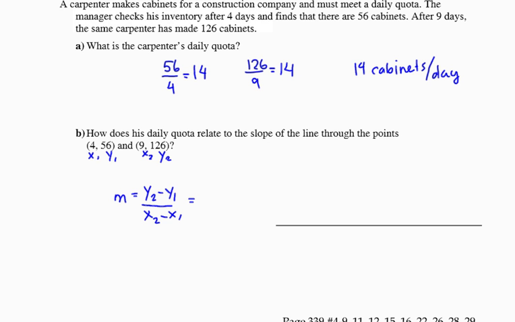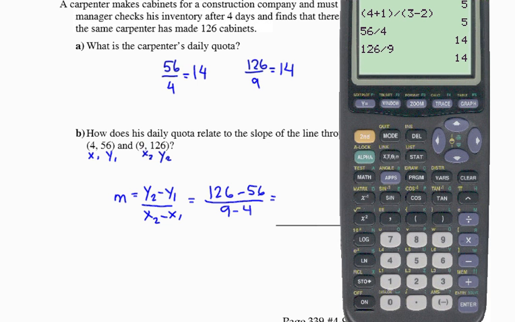What do we label as y2? 126 minus 56 divided by 9 minus 4. All right, let's subtract. 126, remember you need invisible brackets if it's in your calculator. 9 minus 4 gives us 14.